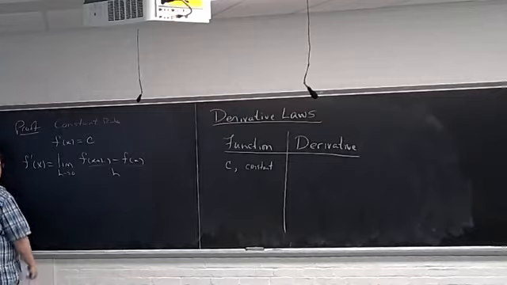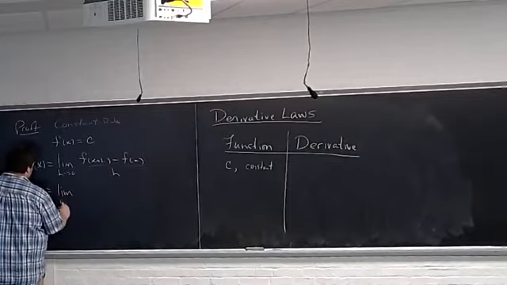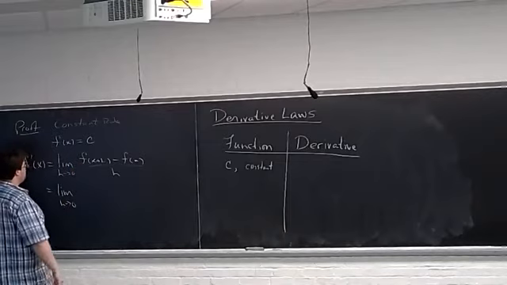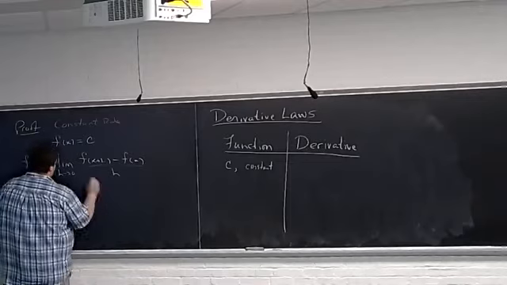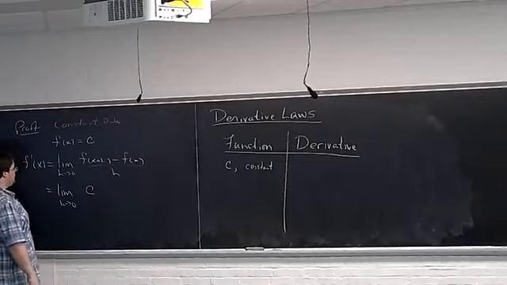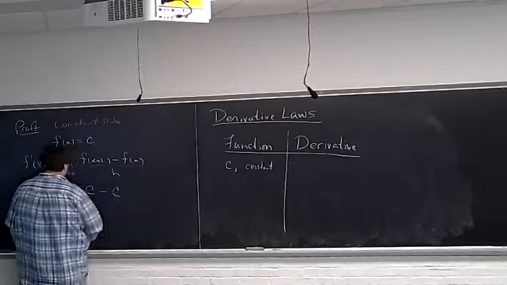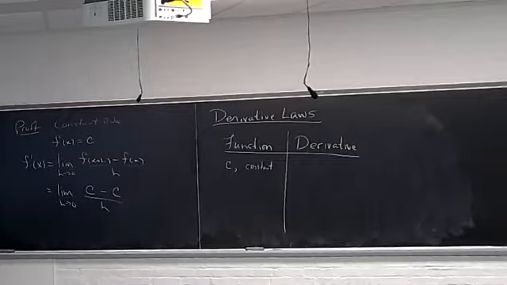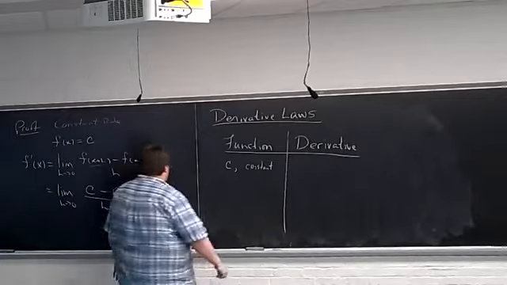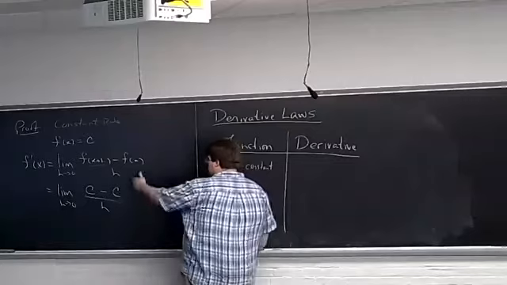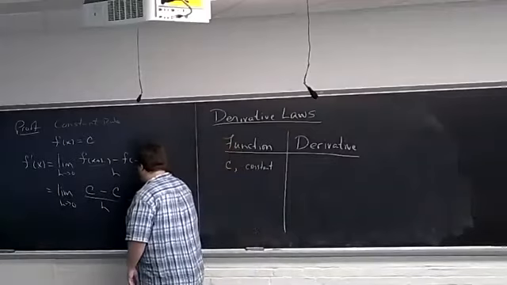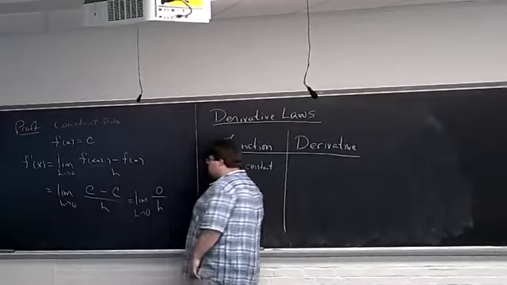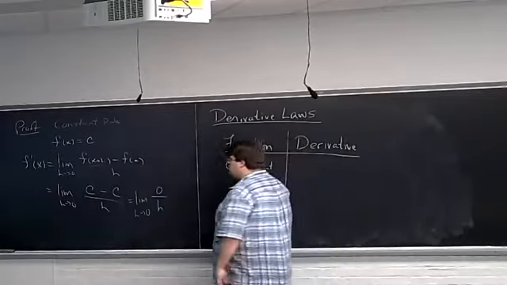So what is the derivative here? Limit as h goes to 0. What's f of x plus h? Well, for the constant function, replace all x's with x plus h, you're left with c. Minus f of x, replace all x's with x, you're left with c, all over h. How can we compute this limit? Well, let h equal 0, you get 0 over 0, but notice the numerator is always 0.